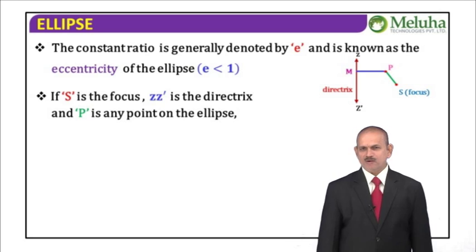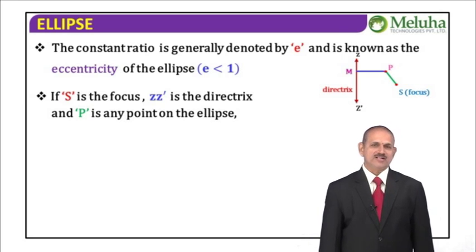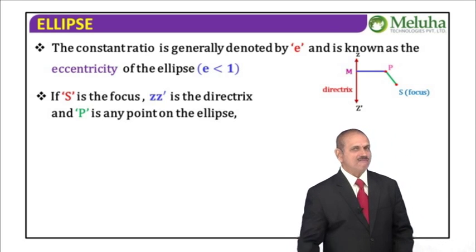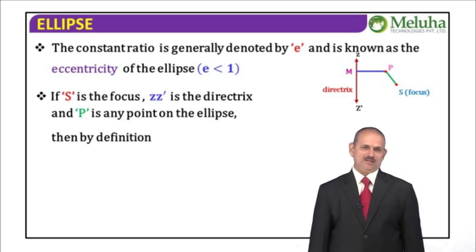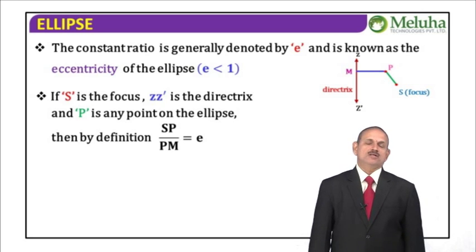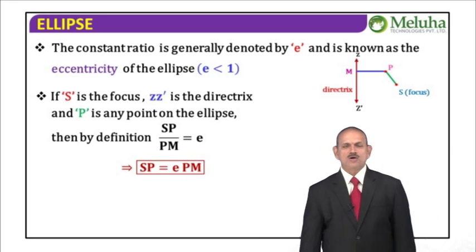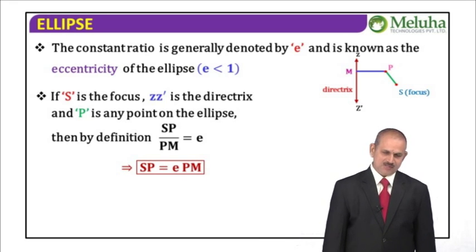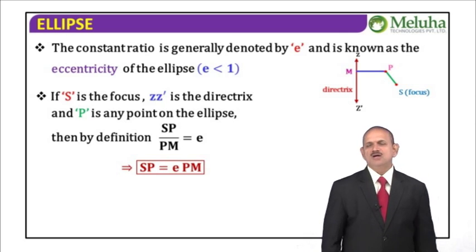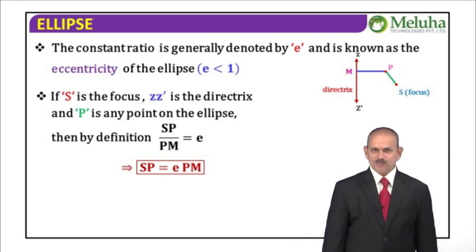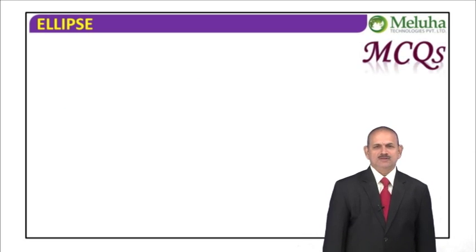If P is any point on the ellipse, according to the definition, rather the character of the ellipse, PS by PM is equal to e. Then SP by PM is equal to e, or SP is equal to e into PM. So for any point P on the ellipse, we have the fixed condition SP is equal to e into PM, isn't it? Okay.